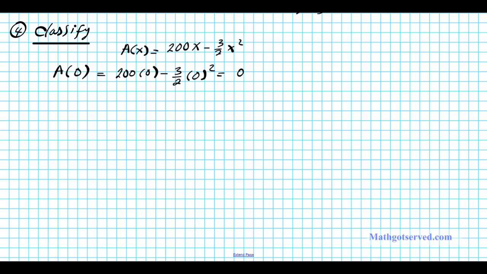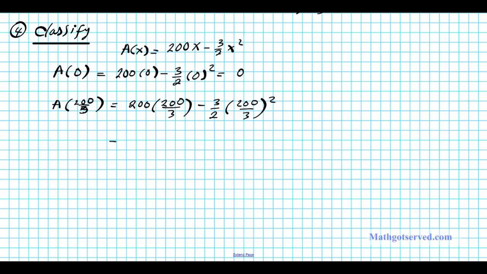A of 200 over 3, that's a critical point. We have 200 times 200 over 3 minus 3 over 2 times 200 over 3 squared.